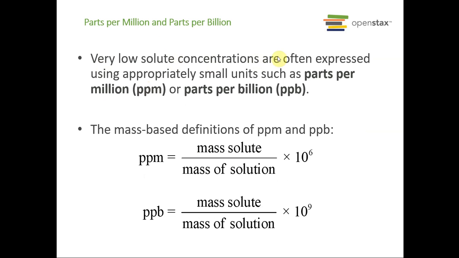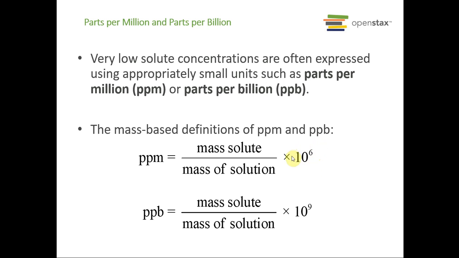Very low solute concentrations are often expressed using appropriately small units such as parts per million or parts per billion. The mass-based definition of parts per million is the mass of solute divided by the mass of solution times a million.